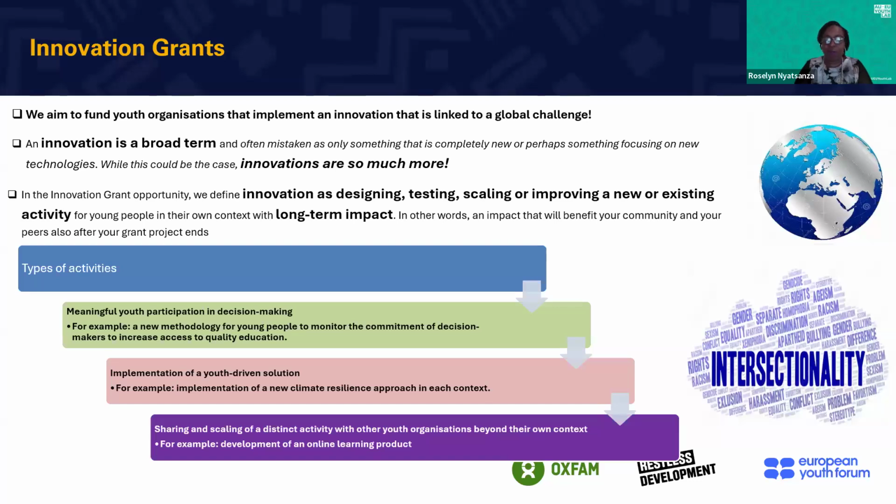So you could have a project around that. And here we're looking, for example, at a methodology that you could come up with, something new, something vibrant that young people can monitor the commitment of decision makers in order to increase access to quality education.